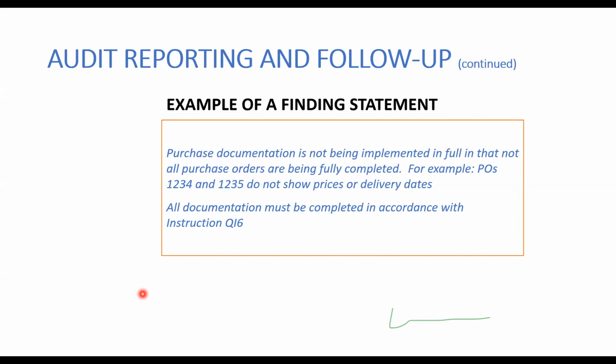Before, you discussed the issue: what is the non-conformity, what is the overview. Now the evidence is that you have seen PO 1234 and 1235 do not show prices or the delivery dates. So this is the evidence we have seen while we were doing the audit. Then the requirement.